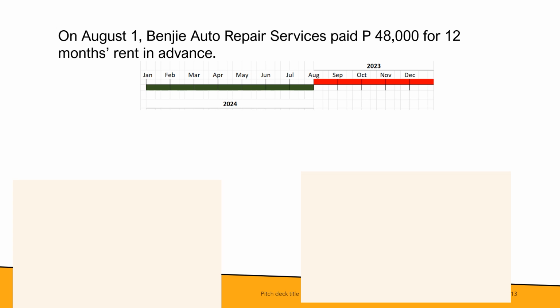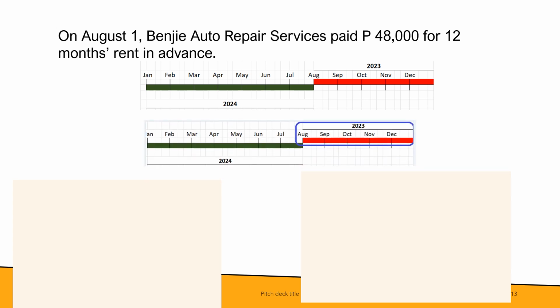There are still 7 months left. So for 2023, if the entity's accounting period is a calendar period and it ends in December, the expense related to rent is from August to December only. So we have 5 months of rent expense.